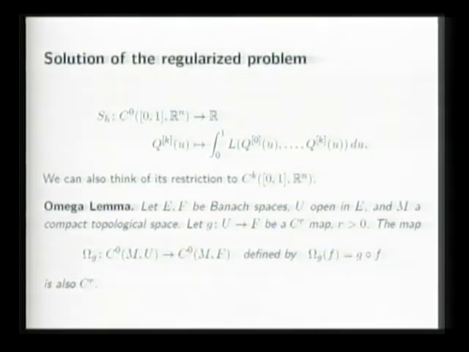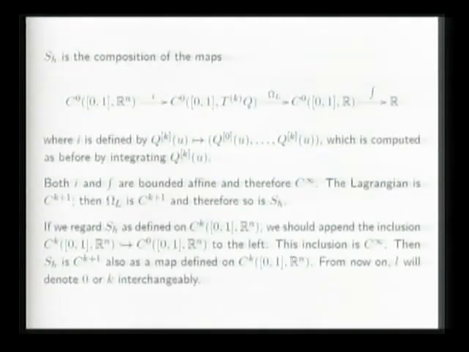So you have a CR map, and composition by that map is a CR map between spaces of functions. So our function SH is a composition of maps. You start from a curve QK, living here in Z0. You have this map I, which is completing with the lower order curves, which had these long integrals, these expressions, which you just compute using QK, and also the initial values.